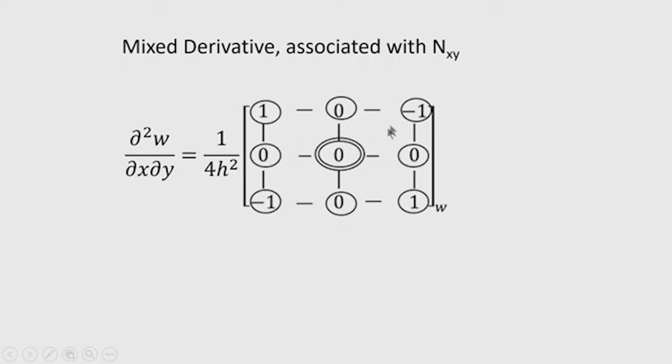The corner values on the left hand side are 1 at the top and minus 1 at the bottom. On the right hand side, you will find that at the top it is minus 1 and at the bottom it is 1, and you can see the pattern that it appears as an antisymmetric quantity.